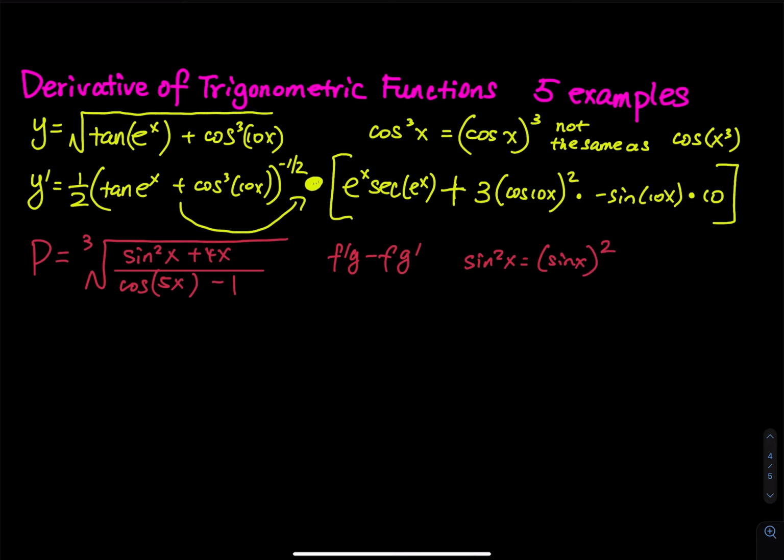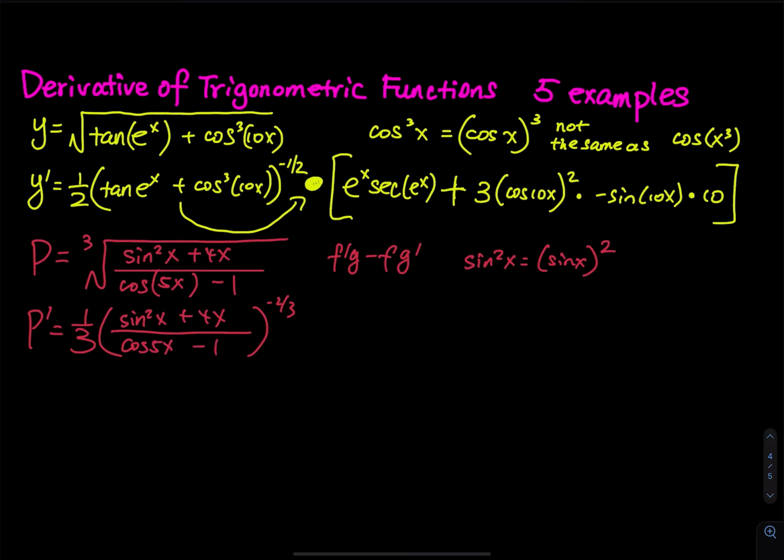All right. So p prime, you bring the 1/3 down, and then you have this raised to negative 2/3, right? Sine square plus 4x divided by cosine of 5x minus 1, and then you have to do a quotient rule. I square the denominator immediately, cosine 5x minus 1 squared, and then the top, that is a 2 times sine x. The derivative of sine is cosine, and then the derivative of 4x is 4.